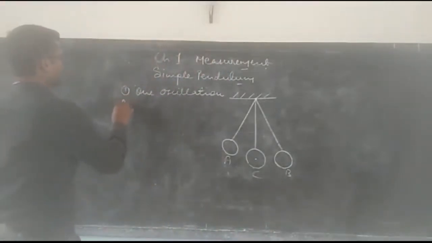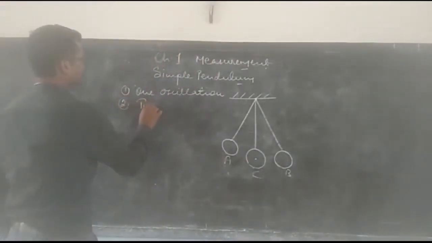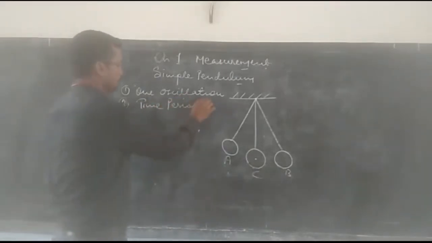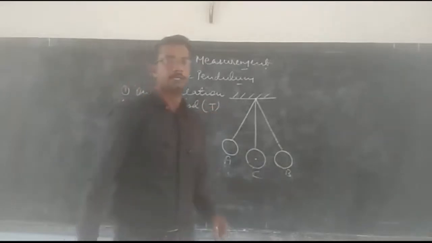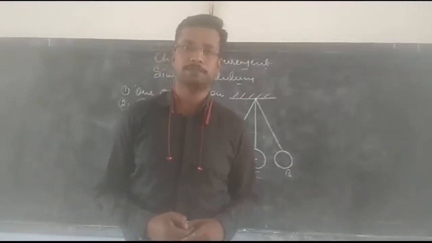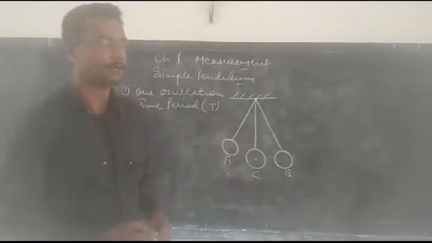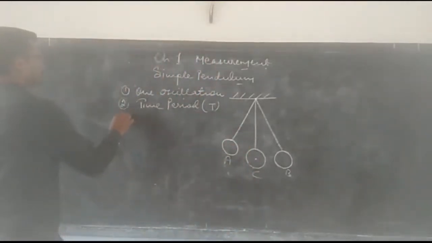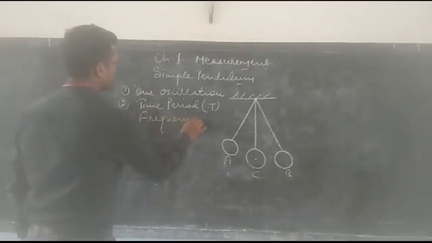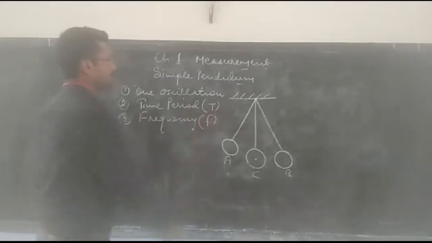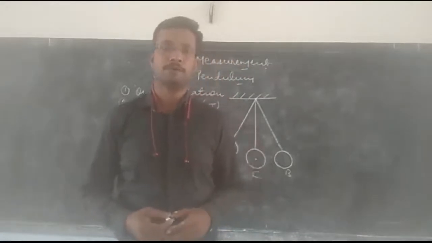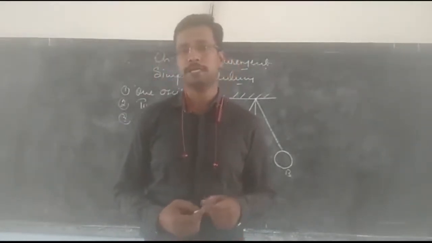Then we have time period, denoted by capital T. It is the time taken by a pendulum to complete one oscillation, and its unit is second. Another term is frequency, denoted by small f, which can be defined as the number of complete oscillations in 1 second.